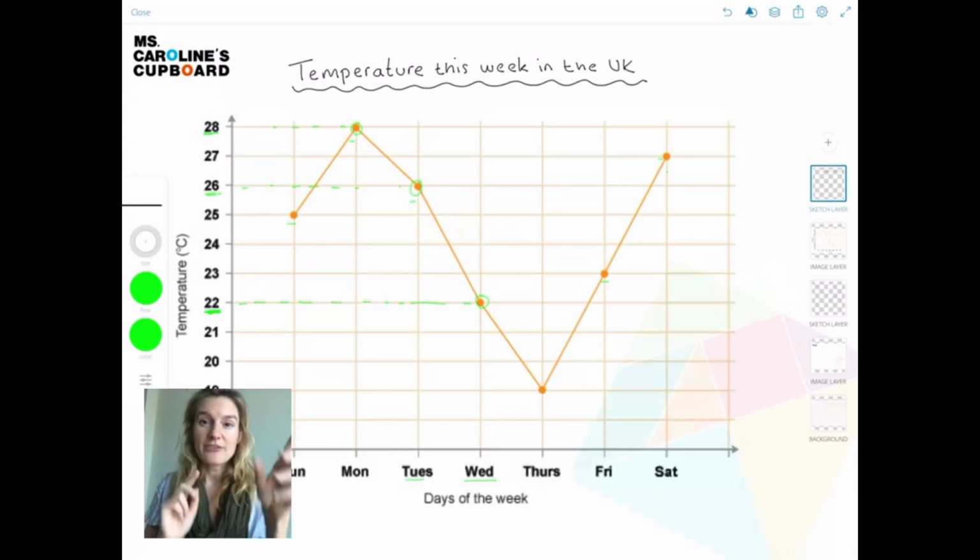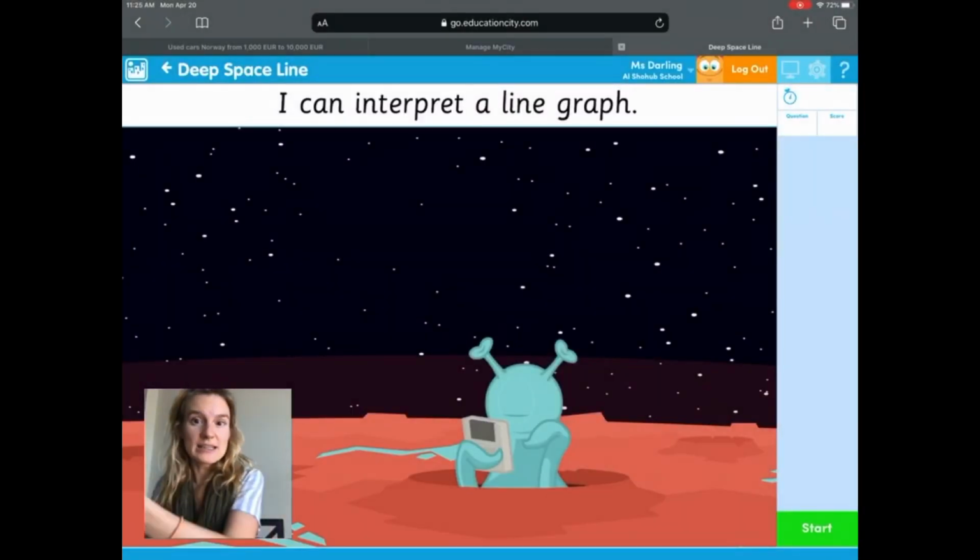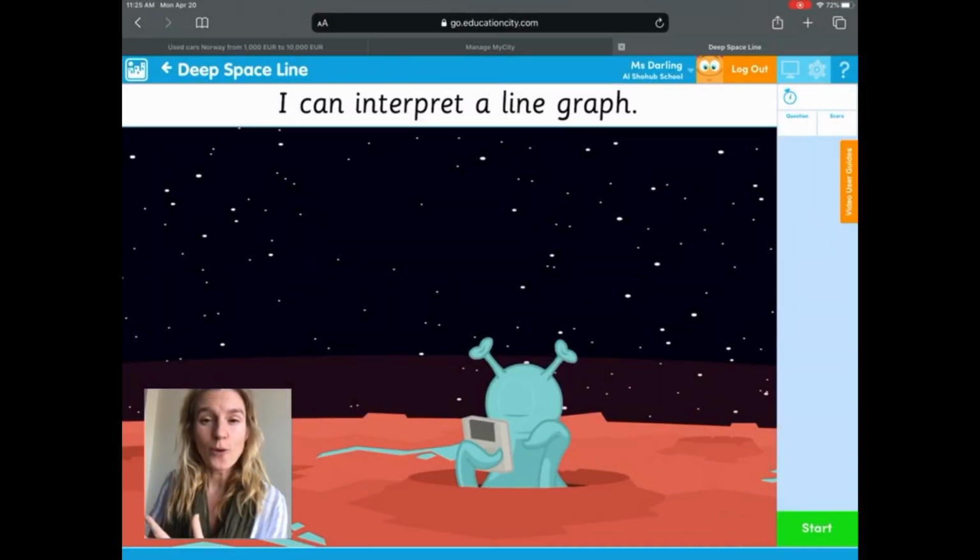I might also have to use some subtraction, some addition. I might also have to use some prediction. What might the next point be if it follows the same pattern? Well, let's have a look. It's been going up in 4s. From Thursday to Friday it went up by 4. From Friday to Saturday it went up by 4. What would Sunday be? Maybe it goes up by 4.